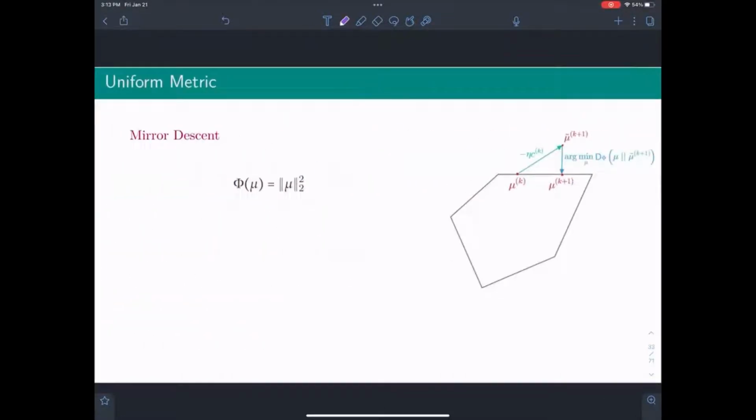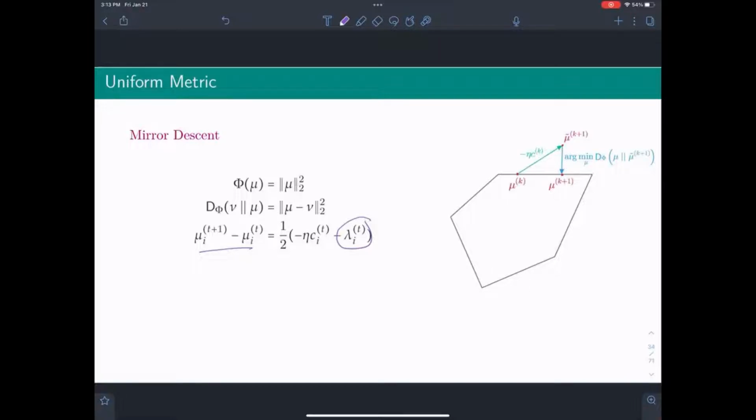If we took phi of mu to be just the norm squared of mu, then what you would end up with is the same as projected gradient descent. The update formula would be given by something like this. Here, lambda i would correspond to the Lagrange multipliers that are essentially keeping you inside the polytope, but let's forget about these terms for the sake of this talk.